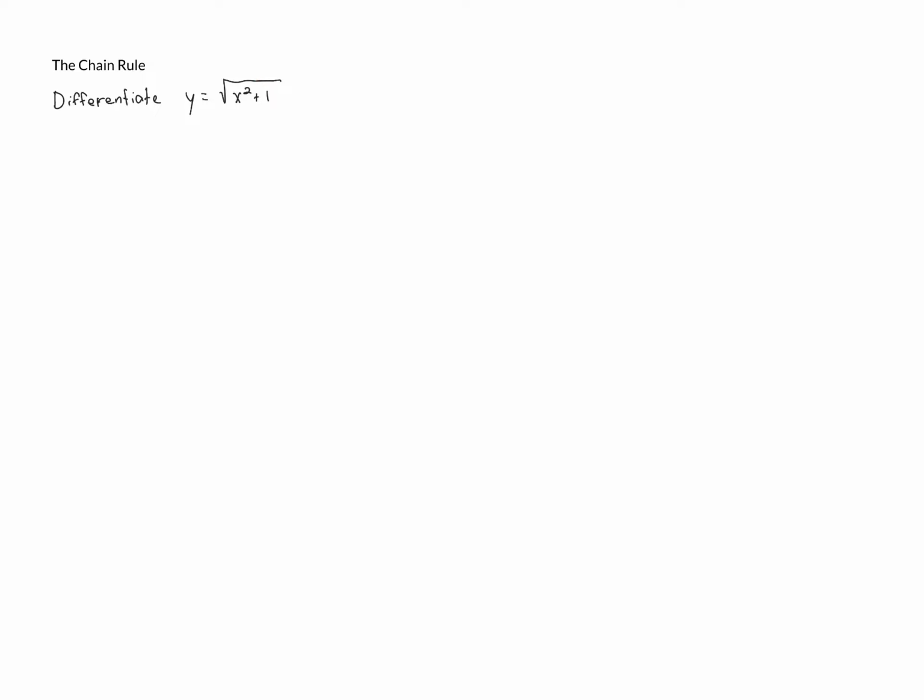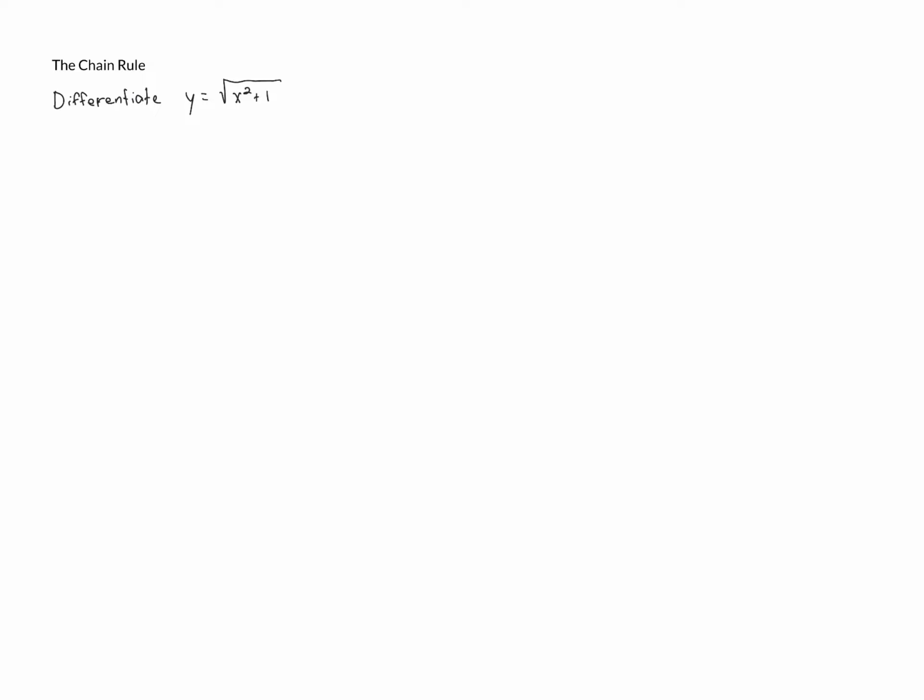So there's two functions that are kind of acting on x. The inside function is a polynomial. We've got x squared plus 1. That itself is a function of x. But then we're taking that and we're taking the square root of that.